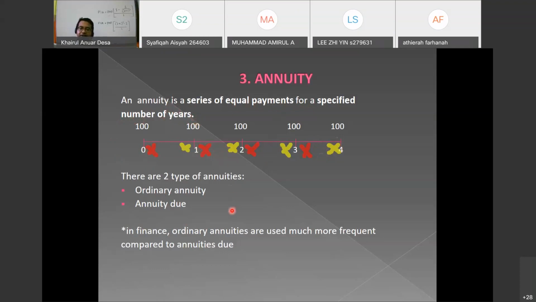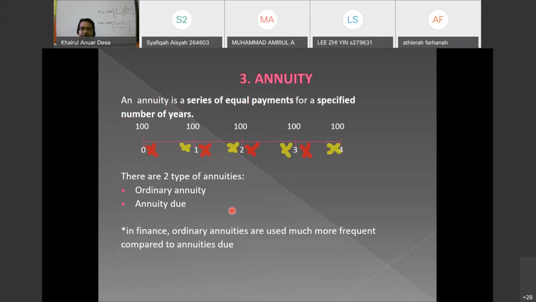So now, what is the example of the annuity due? Apakah pembayaran-pembayaran yang biasa kita buat atau yang biasa kita terima pada awal bulan? Okay.